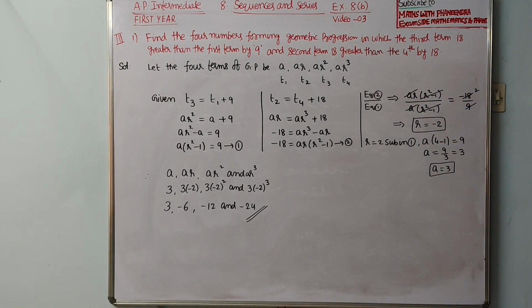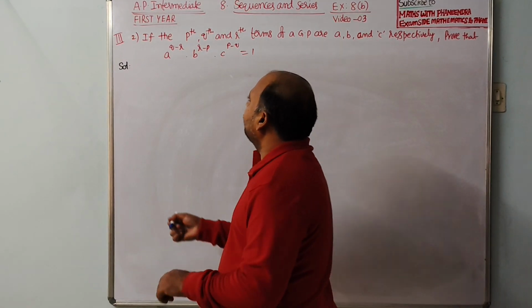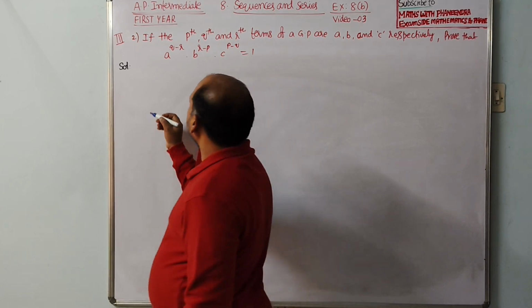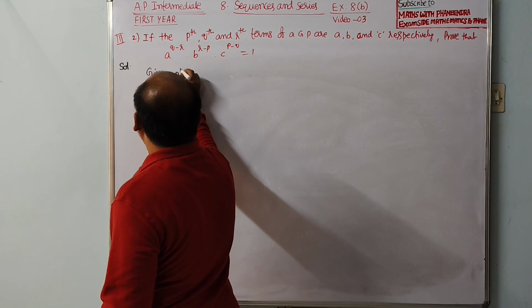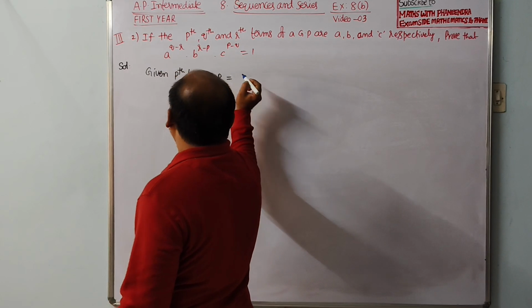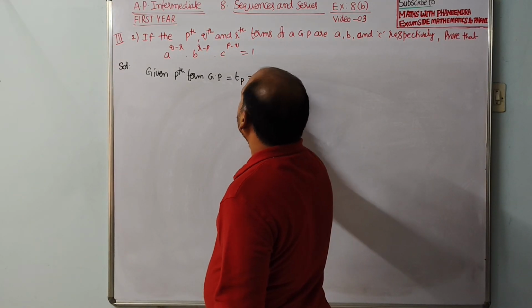We'll move to question number 2. See here, p, q, r are the terms of GP. So given, pth term of GP, so Tp is equal to a.